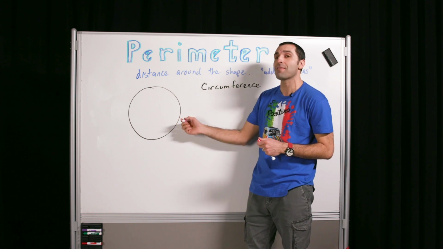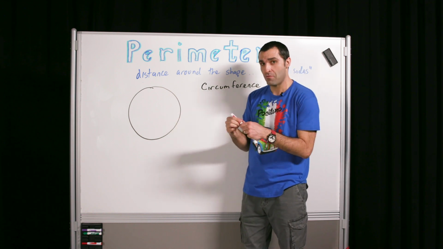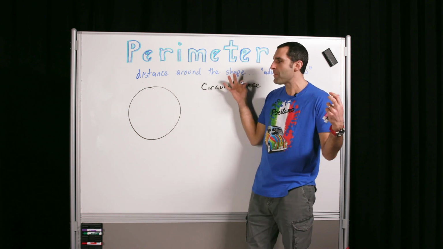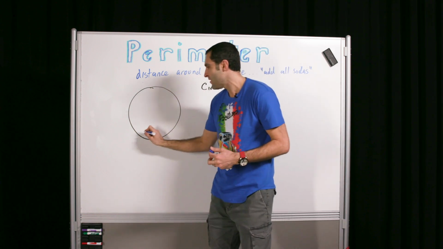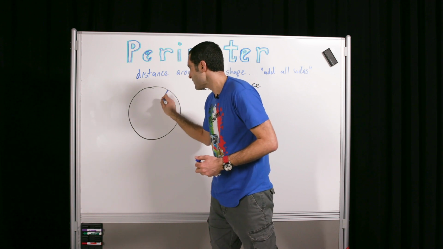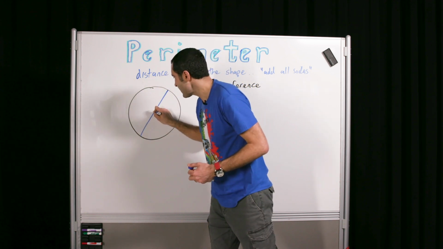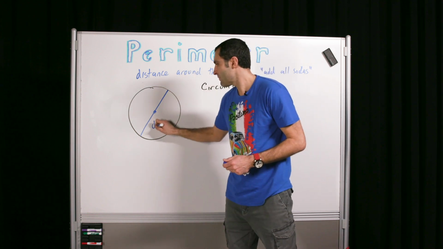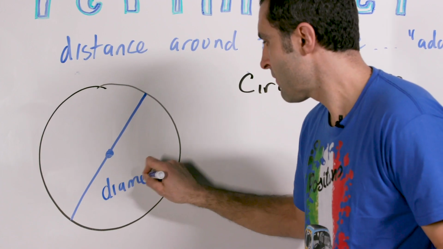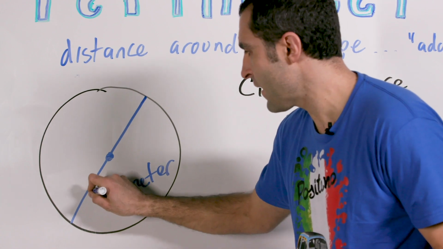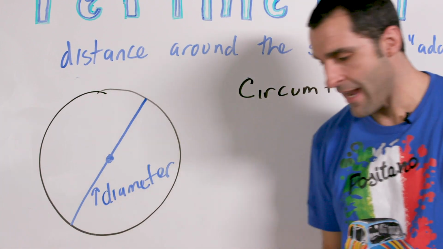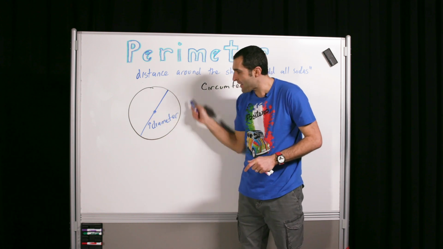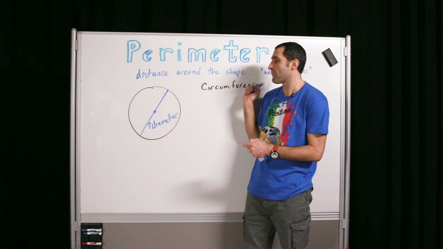Here's the way to do it then. Did you know, and it's kind of amazing, no matter how big or how small the circle, this line called the diameter, that blue line right there, has a certain relationship with the outside, with the crust, with the circumference.